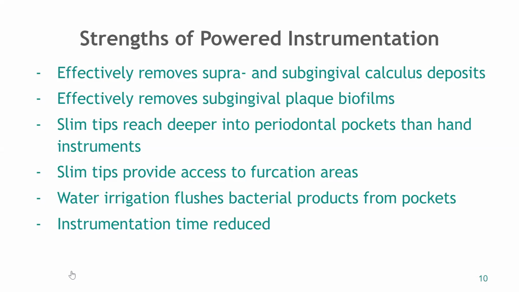Yeah, you can get it in there, but you might not be able to get a working stroke engaged. The slim tips provide access to furcation areas, and the water irrigation flushes out bacterial products from the pocket, where our hand instruments cannot do that.